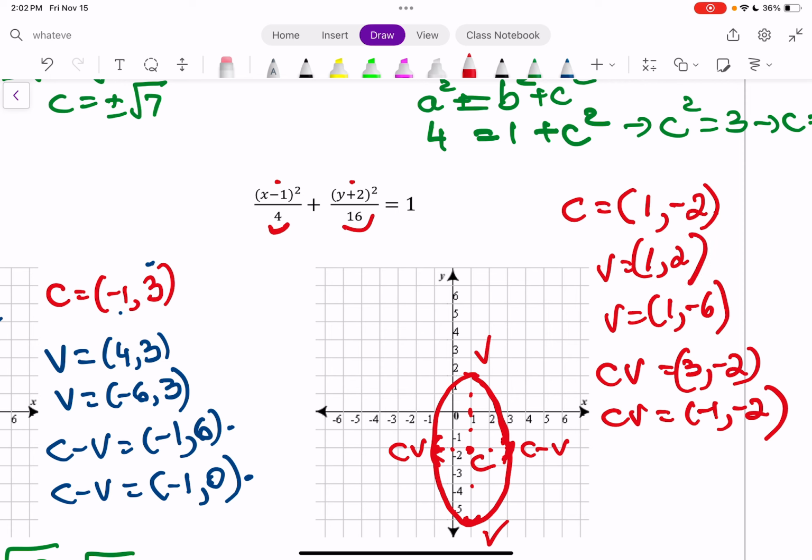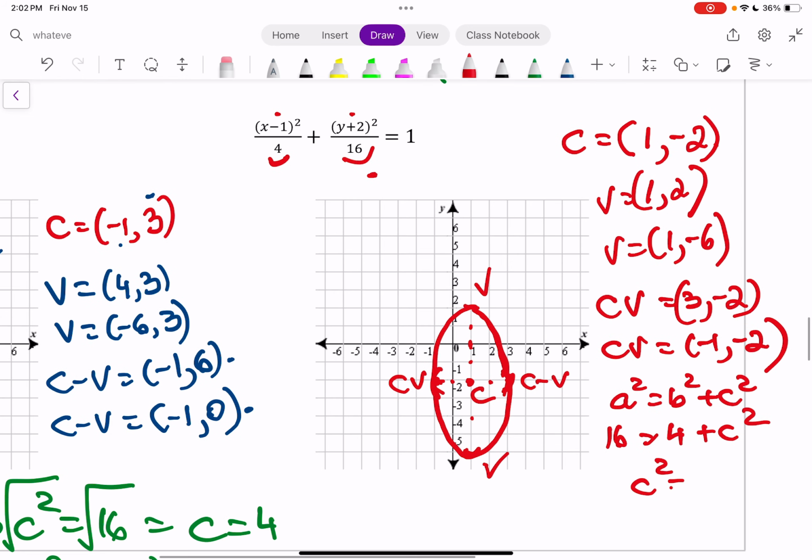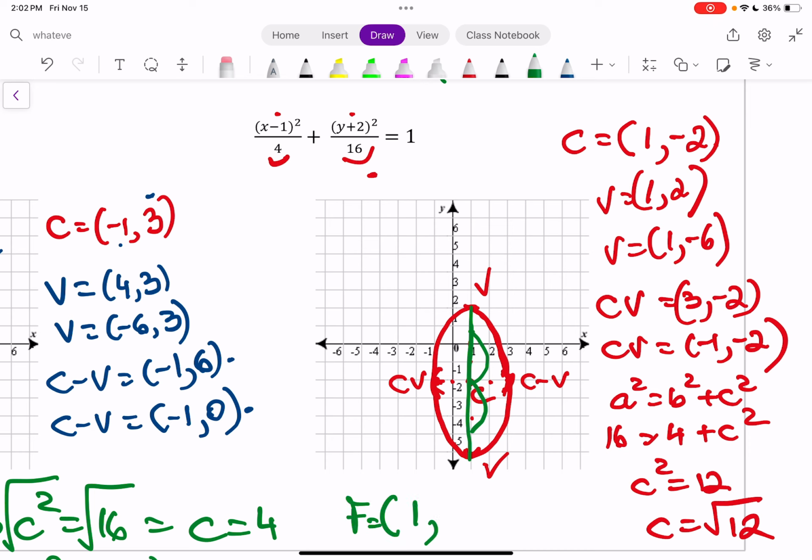So here it is, and now the foci. Again, A squared is B squared plus C squared. A squared is 16, the bigger number right here. B squared is 4, so therefore C squared is going to be 12, or C is going to be the square root of 12. So to find the foci, we have to go up and down from the center by the square root of 12.